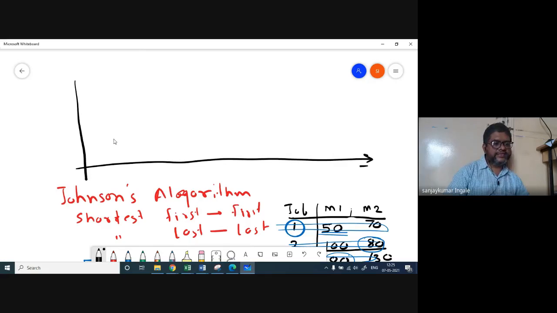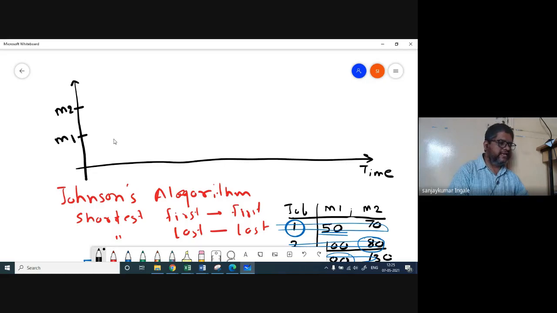This axis is a time axis. And on this axis I can represent machine 1, machine 2, and if I have one more machine I can add it on the same line.